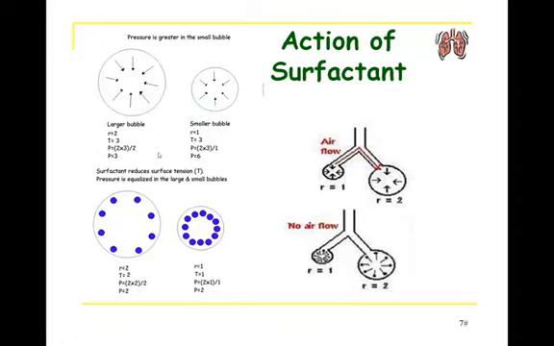The law of Laplace is pressure is equal to 2 times the tension, surface tension, divided by the radius. So I have the numbers set up for you. If you notice between the large bubble and the small bubble, the pressure required to keep a smaller air bubble open is greater.